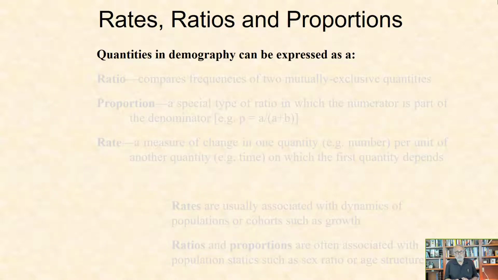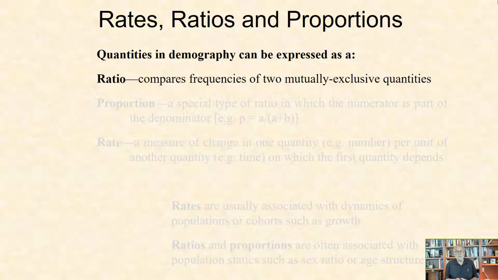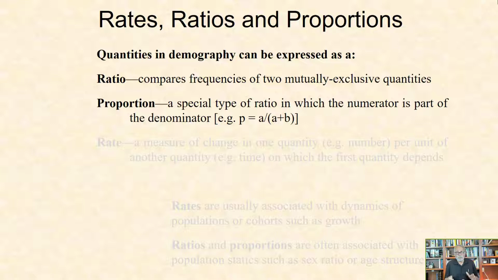Rates, ratios, and proportions. Quantities in demography can be expressed as a ratio, which compares frequencies of two mutually exclusive quantities. A proportion is a special type of ratio in which the numerator is part of the denominator.